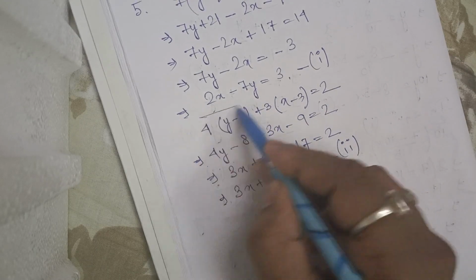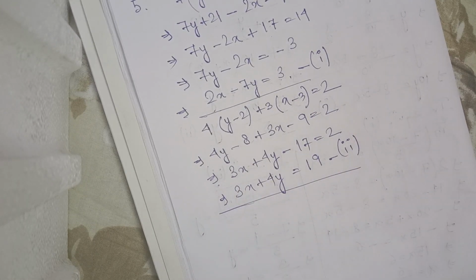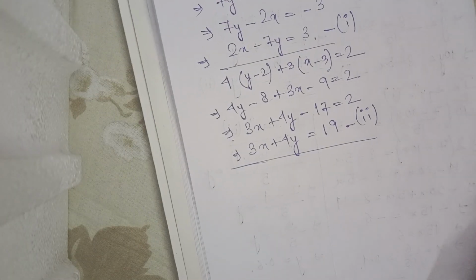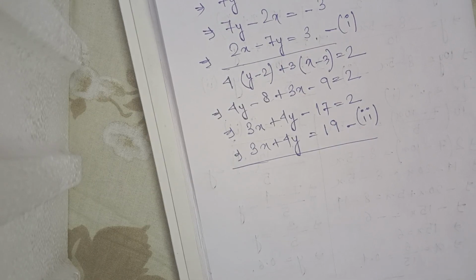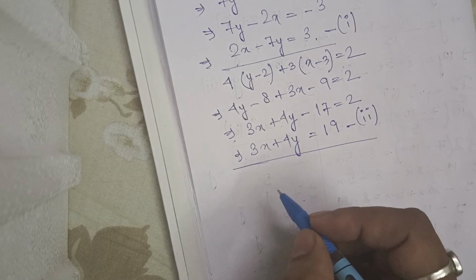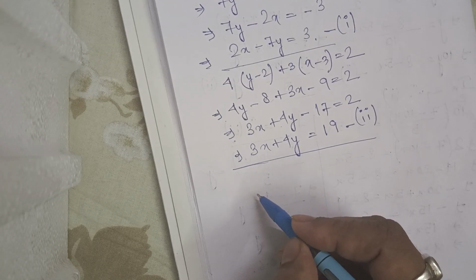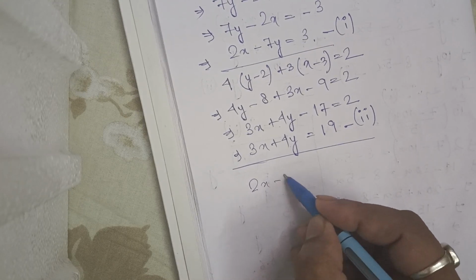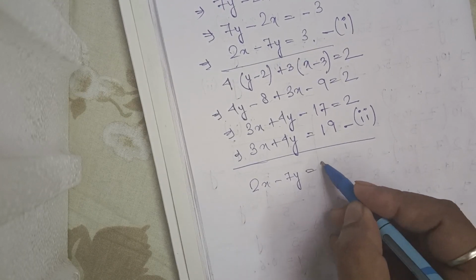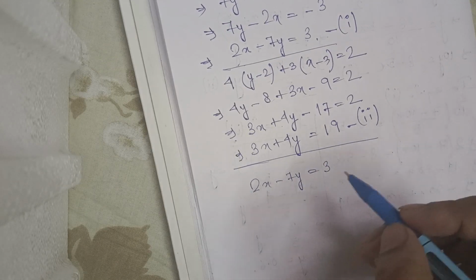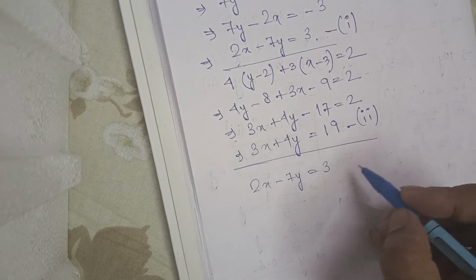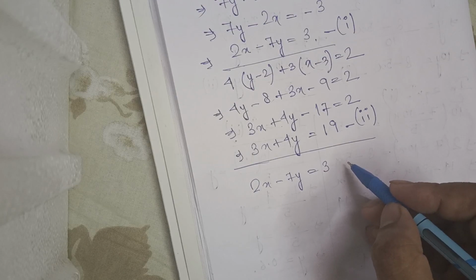Now we'll just solve it just like the other ones we had already solved. 2x minus 7y equals 3. So I am multiplying this equation by 3, okay?